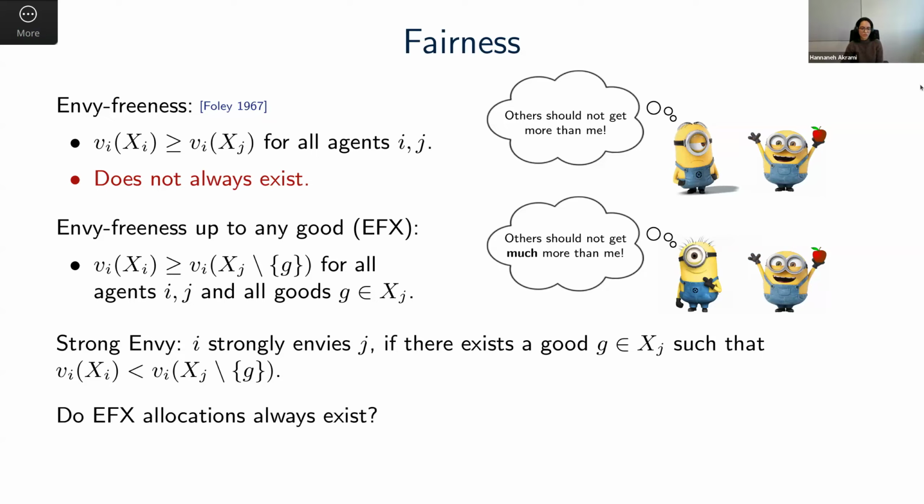Now the question is, do EFX allocations always exist or not? Well, this question is open. At least for additive valuations, we don't know whether EFX allocations exist for an arbitrary number of agents. But this is not the end of the line.